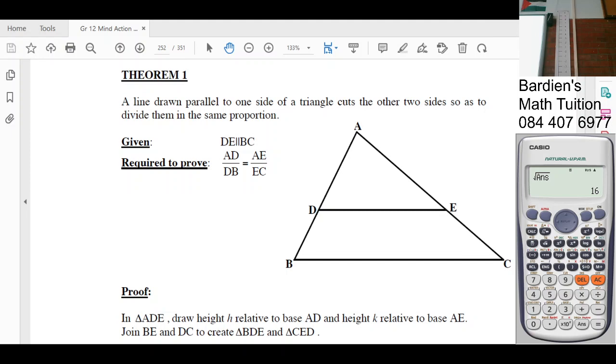Okay, I think as I said, I'm missing something here. Same base, same height, that's what I'm missing. Equal base, same height, same base and height between two parallel lines.